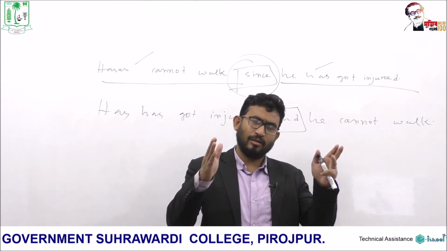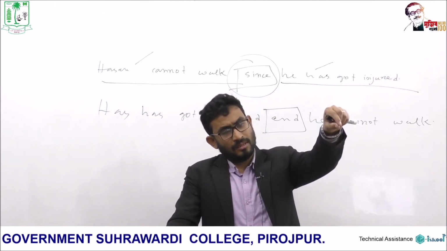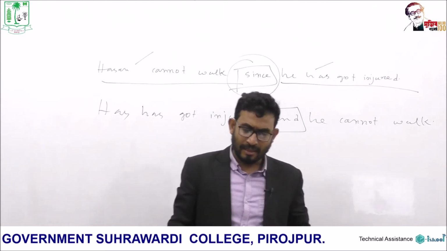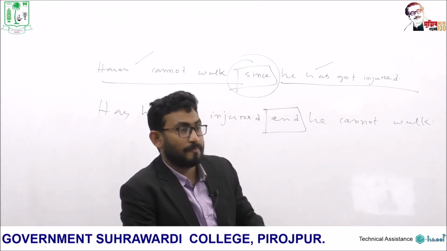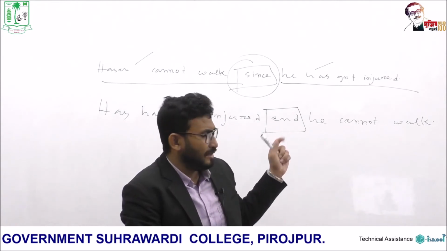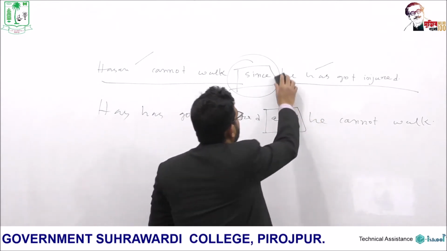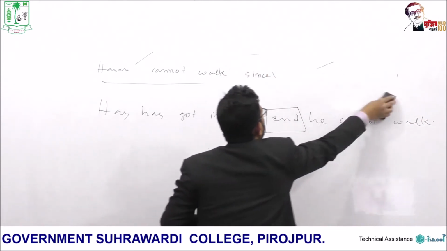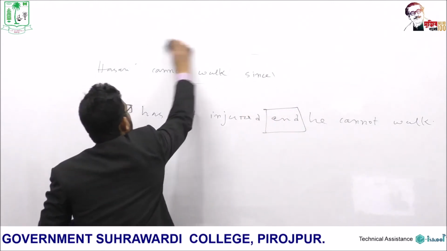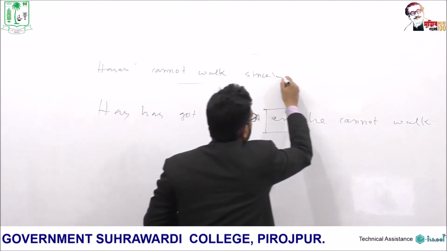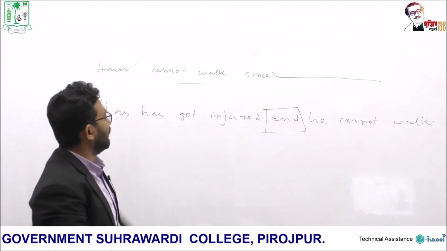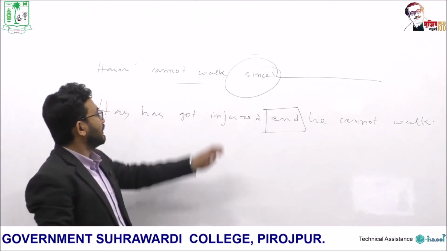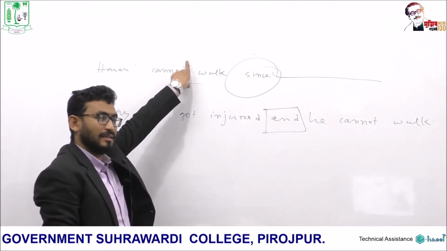I have already mentioned that one clause will be given and the other clause should be written. But what type of clause will it be? For example, if it is given like this, the sense indicates that the sentence should be a complex sentence.